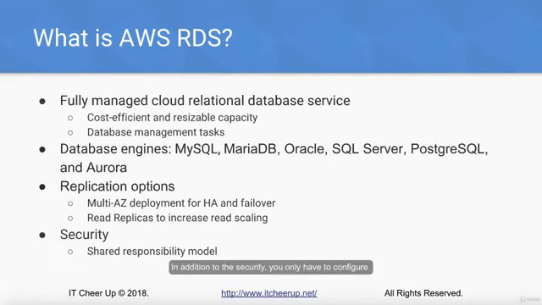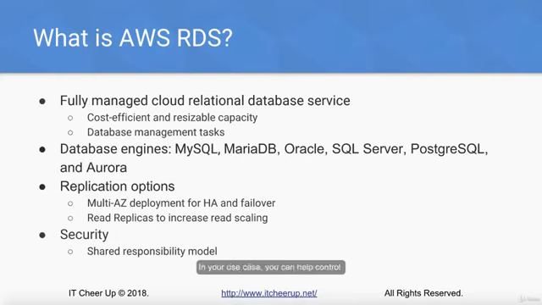In addition, for security, you only have to configure security for your use cases. You don't have to configure security access for processes that RDS manages, such as creating backups, replicating data between a master and a read replica, or other processes.